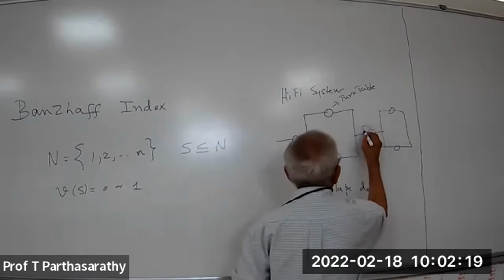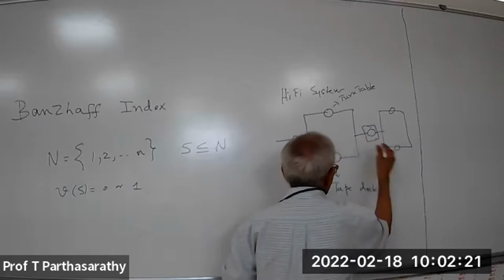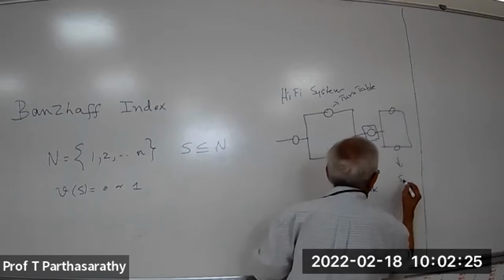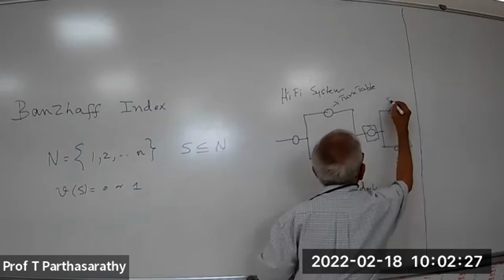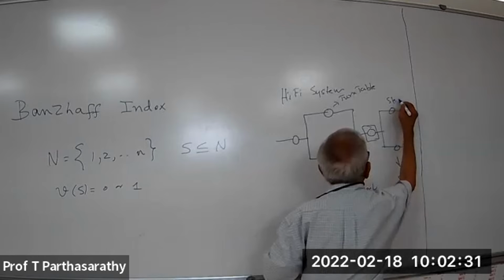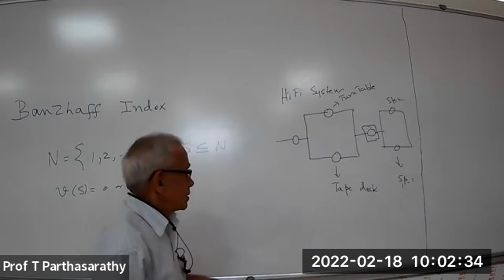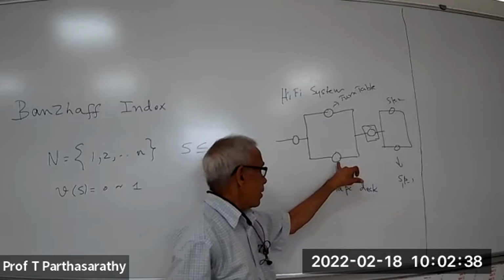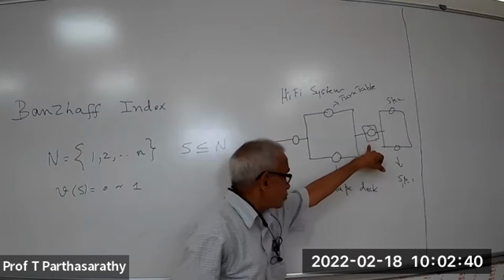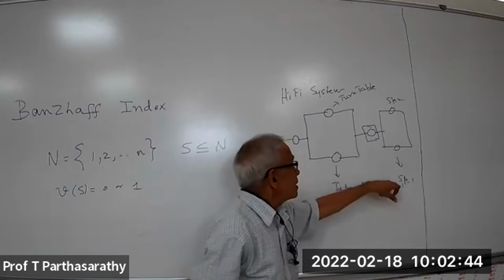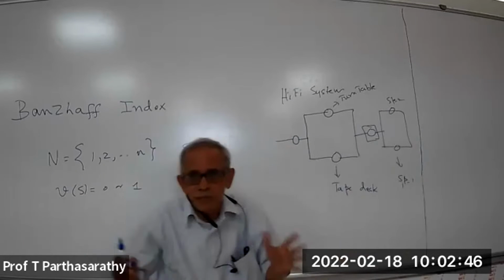Here there is an important component, and here speaker 1 and speaker 2, SP1, SP2. The system works provided you operate the tape deck, and either you use speaker 1 or 2 or both, then the system works.